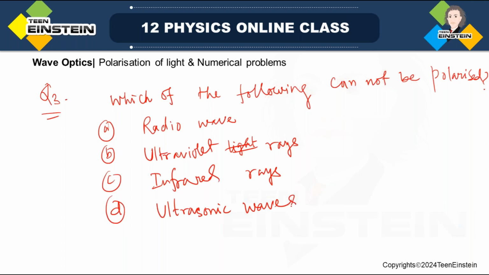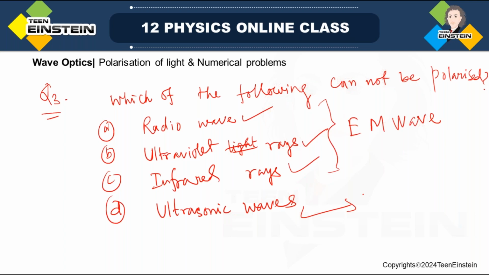So which one is it? Radio wave is an electromagnetic wave, so it is transverse in nature. Ultraviolet is also transverse. Infrared is also part of the electromagnetic wave. So these are all parts of the EM wave, different portions of the spectrum.